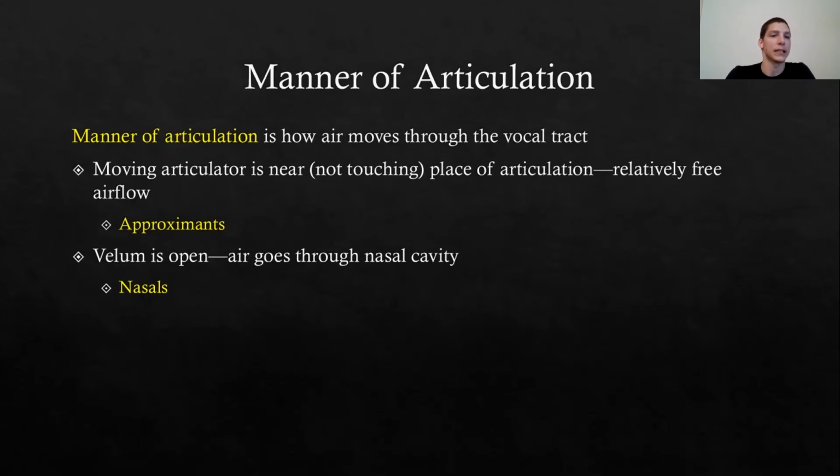And so this would be an example of one of the approximants. It's named after the approximate contact between a moving articulator and a place of articulation. But because there is no actual direct contact between the moving articulator and the place of articulation, air is relatively free to go through the vocal tract. And so these sounds tend to be a lot louder than fricatives or stops.